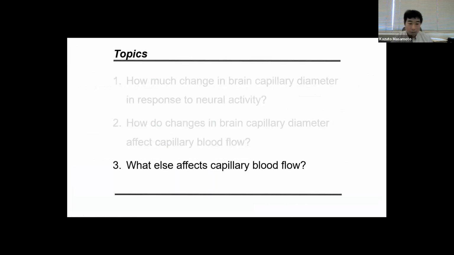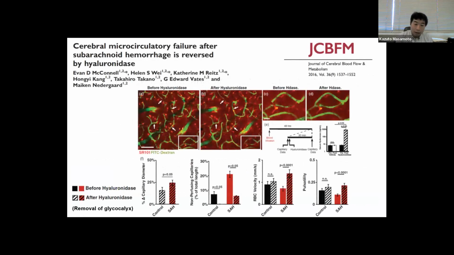Maybe after 5 minutes. What else affects capillary blood flow? I don't have the exact answer here, but I want to summarize the literature a little bit. The capillary cellular flow interacts with the endothelial cell surface layers. This report shows the microcirculation failure after subarachnoid hemorrhage is reversed by hyaluronidase. Hyaluronidase degrades the glycocalyx, the smoothing capillary surface layer.